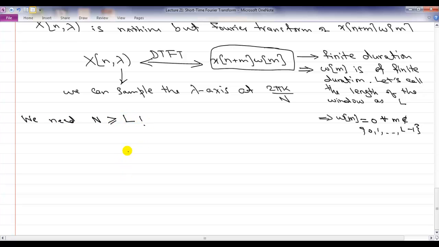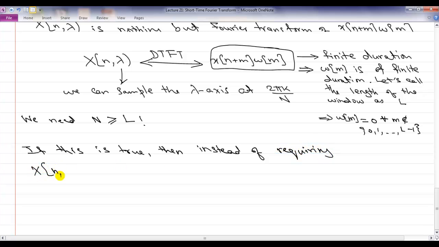If that happens, then instead of requiring X_n(lambda), we can simply use a discrete sequence.